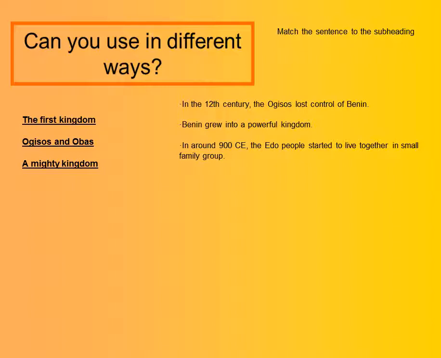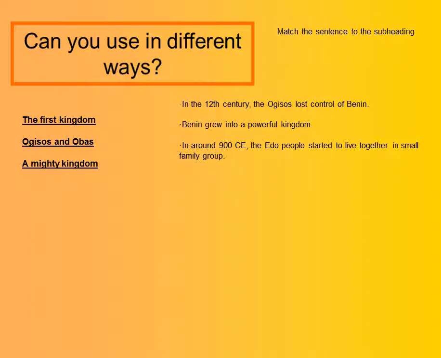Okay, so the subheading, the first kingdom, which sentence would fit to that subheading? In around 900 CE, the Edo people started to live together in small family groups. Okay, well done if you've got that one.